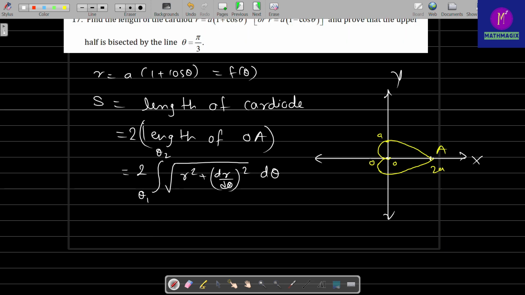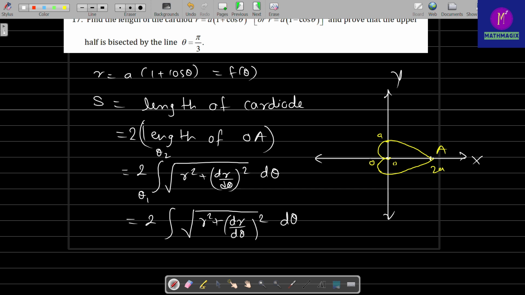So this is equal to 2 into integration of square root of r square plus (dr by d theta) square d theta, and here we need to write down the limits of the angle in which the curve is bounded. So we just need to see the end points of the curve lying on which line, and find the angle of that line.